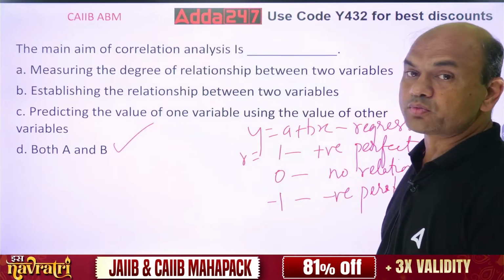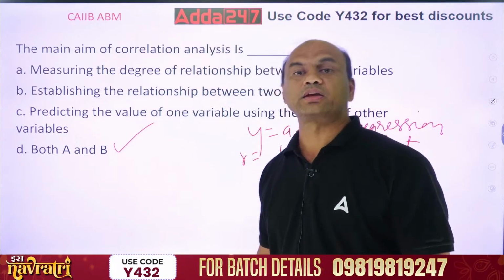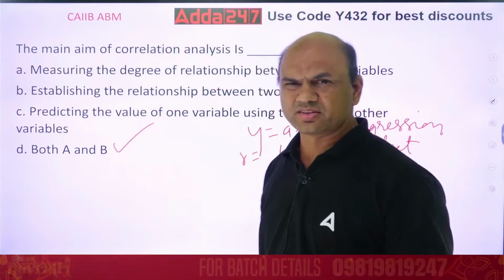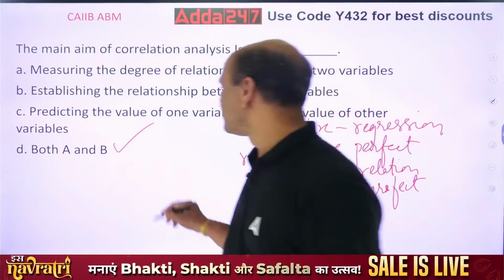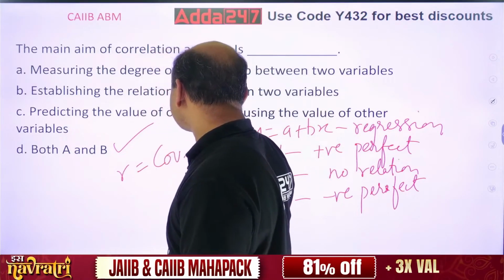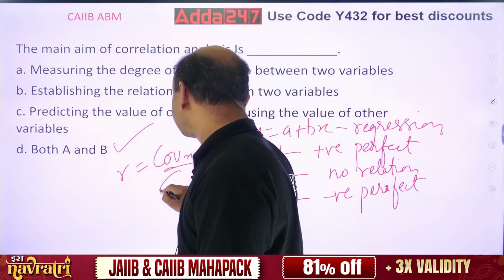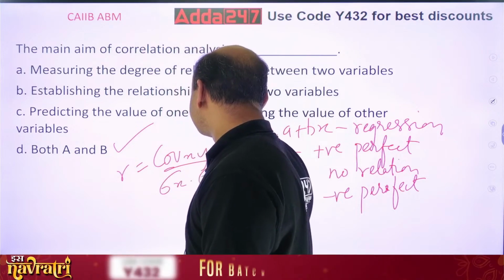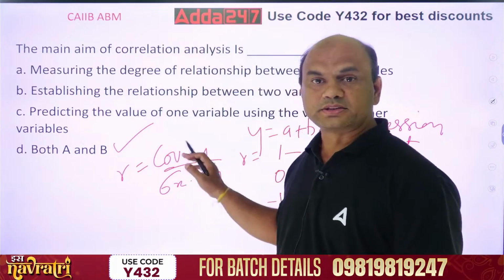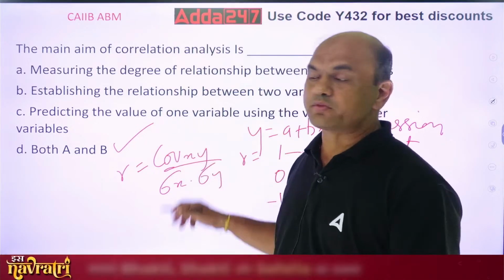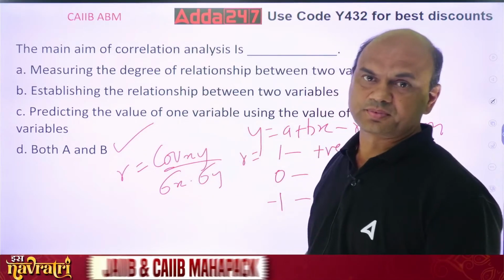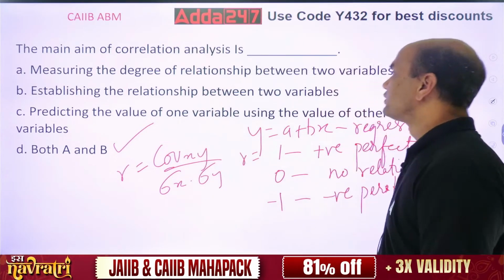And how to find out R? R equals to covariance of xy upon sigma x into sigma y, means standard deviation of x into standard deviation of y. Now these are all the extra formulae. This is known as coefficient of correlation. It will give you the relationship between two elements. So that is the main objective.